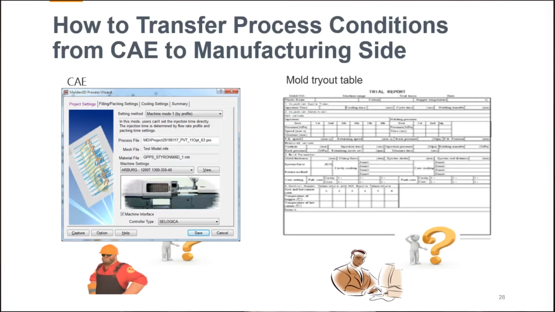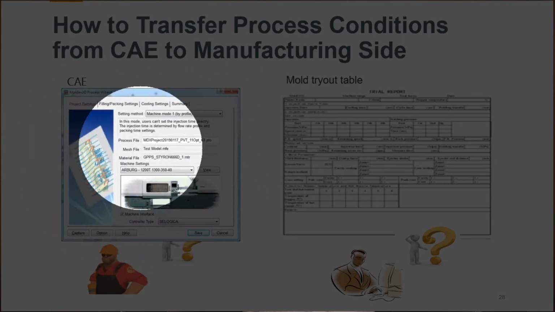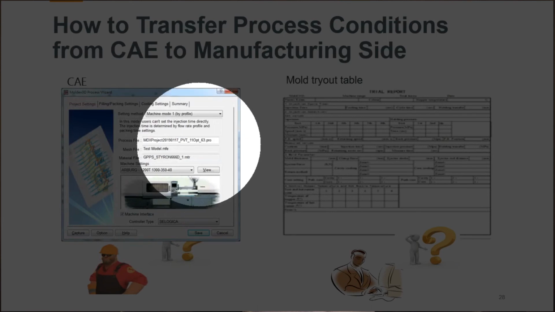So the question here is, how can we transfer the process condition from CAE software to the manufacturing site? Because for CAE engineers, when they set up the process, it looks like this with a simple CAE mode. So the interface looks like this.